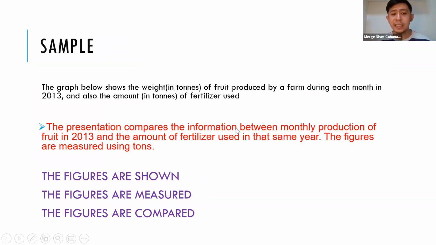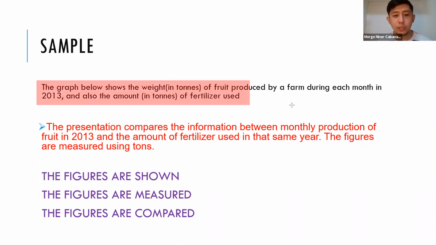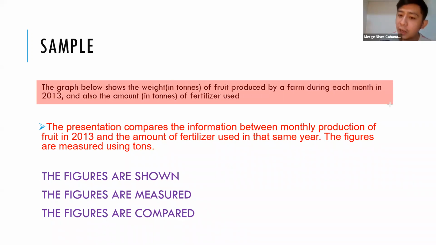Again, sample. Let us have a look at my example right here. So here, the graph below shows the weight in tons of fruit produced by a farm during each month in 2013, and also the amount of fertilizer used. So what is this about?